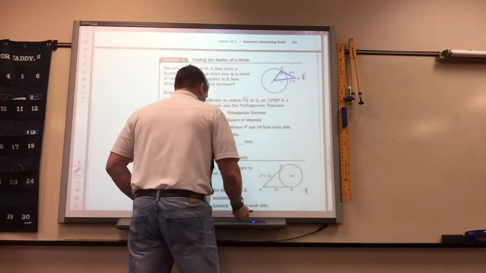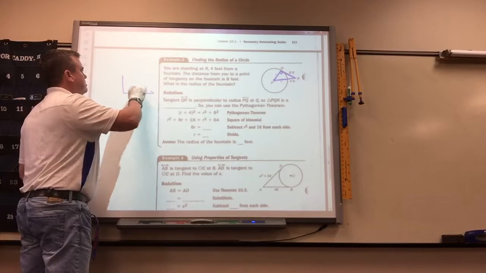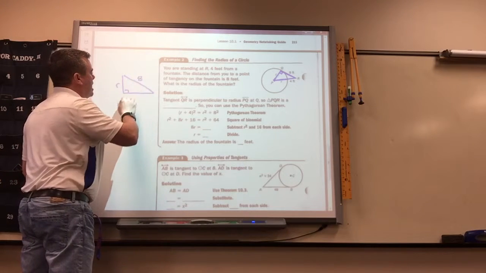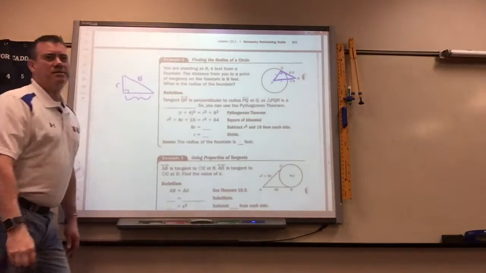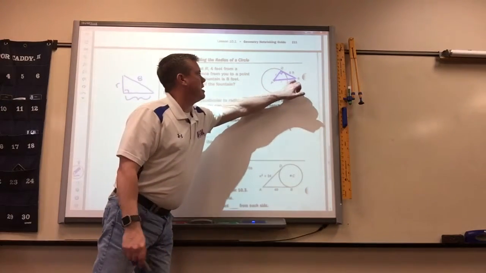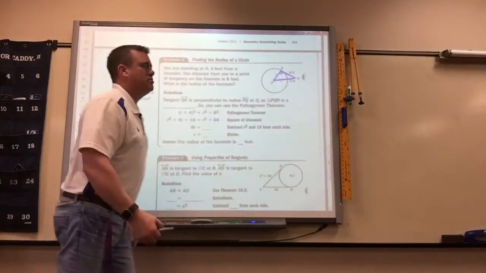So, if I redrew this, this is the radius, this is 8, and how long is this piece right here? How would you represent this, the hypotenuse? R plus 4.